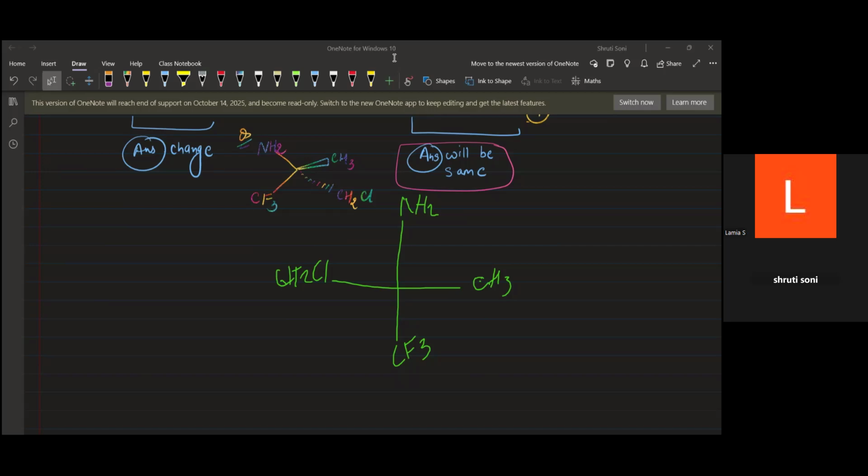Are you representing CH3 and CH2Cl in a correct way? Wedge on the left-hand side? Sorry, yeah.